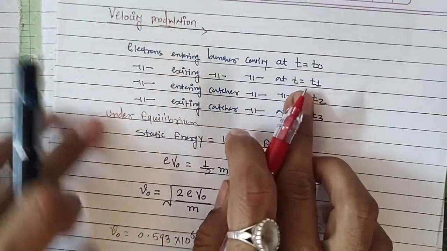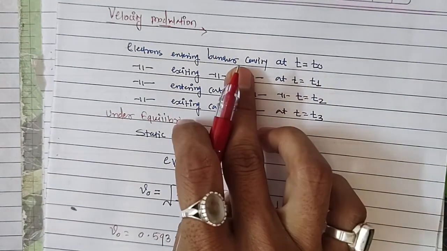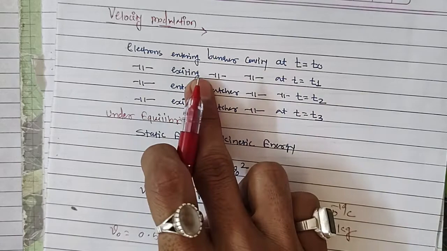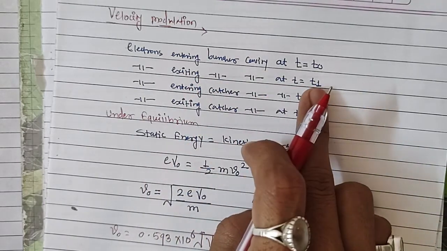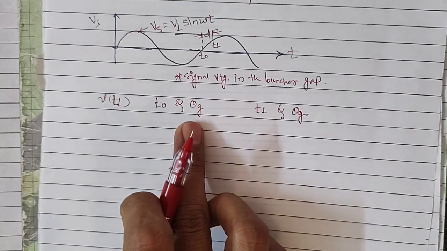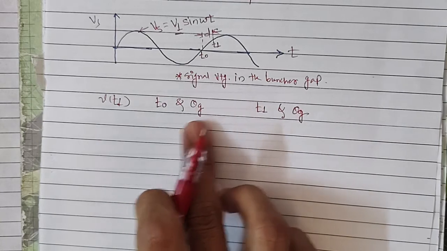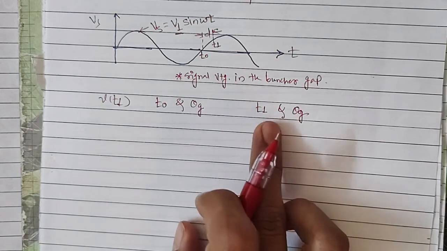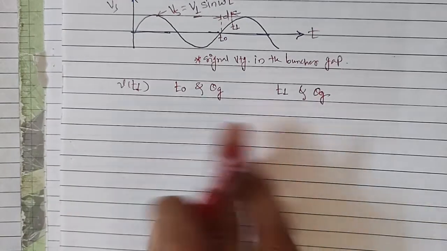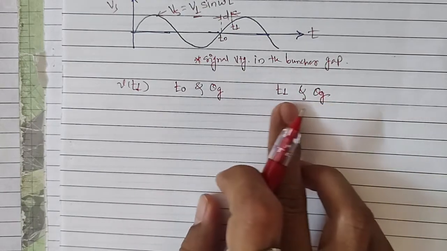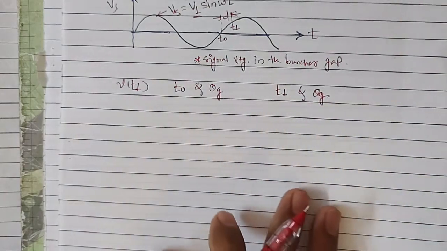T0 is the time at which electrons enter the buncher cavity, and T1 is the time at which electrons exit from the buncher cavity. And what is theta g? Theta g is the gap transit angle, which we have discussed in our earlier videos. So the V of T1 expression can be obtained in terms of T0 and theta g, or T1 and theta g. I will obtain it in terms of T0 and theta g, and also let you know how you can obtain it in terms of T1 and theta g.